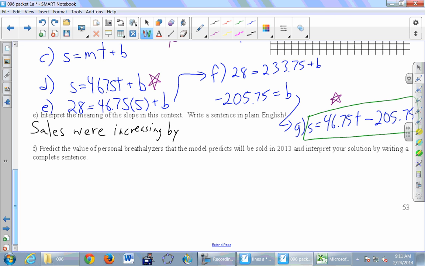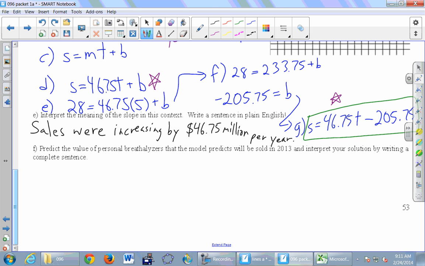By how much? $46.75 million. And then we just finish our units. What were they? Per year. That's the sentence.